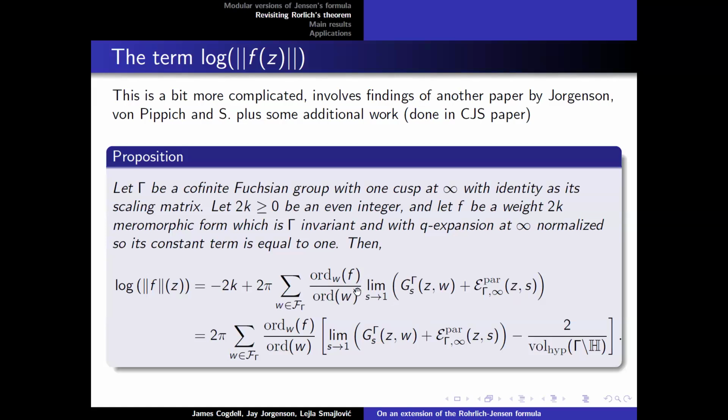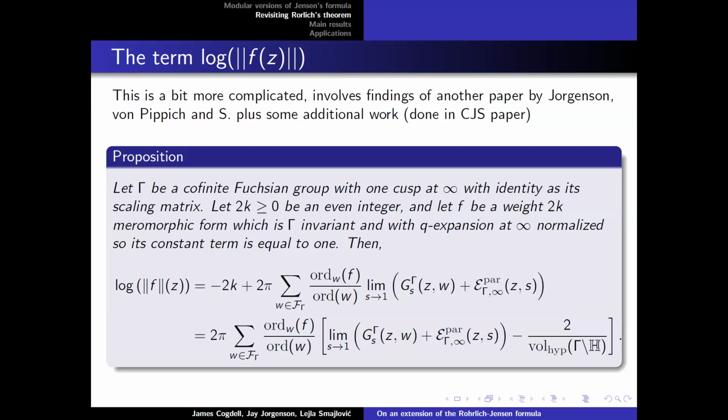So it is the sum of prime forms, where the prime form is basically the limit as s tends to 1 of the hyperbolic Green's function associated to Γ plus the parabolic Eisenstein series associated to Γ. And there are two equivalent ways to write this formula.